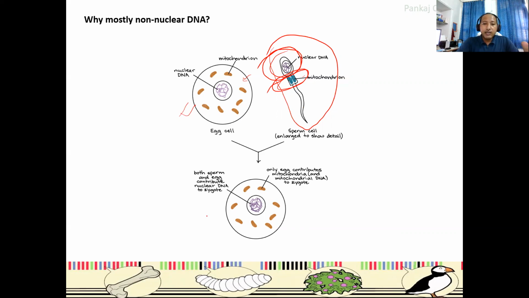The zygote will have mitochondria only from the egg cell or the maternal germ cell. Even if the paternal mitochondria get transferred to the zygote, there is some mechanism which degrades the paternal mitochondria. As a result, only the egg contributes mitochondria and mitochondrial DNA to the zygote. That is why the mitochondrial DNA is more conserved.